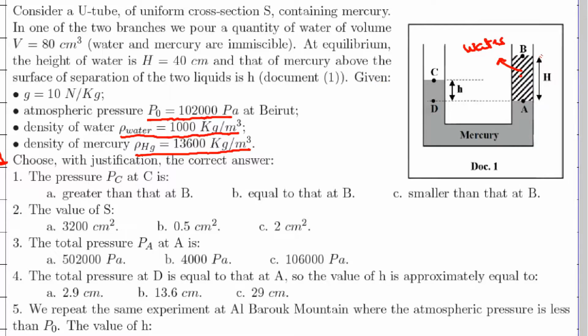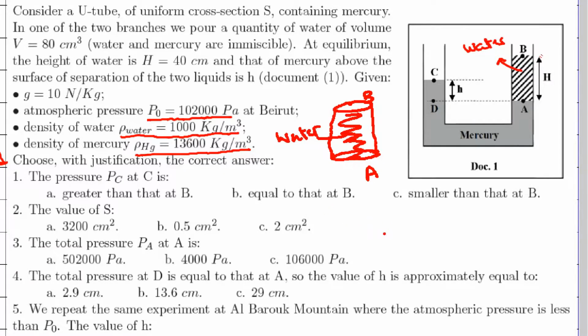Looking at the U-tube in 3D, let's consider this is the point B, this is the point A. It's not a rectangle, it's given by the shape of a cylinder like this. So in this case, water is contained in the cylinder.